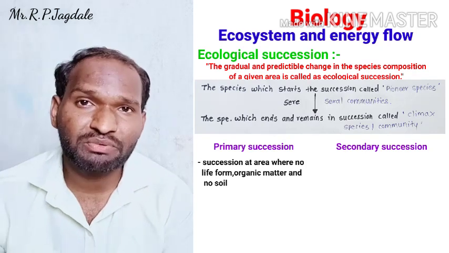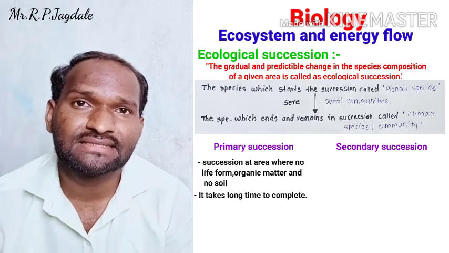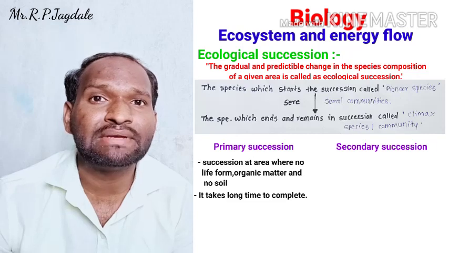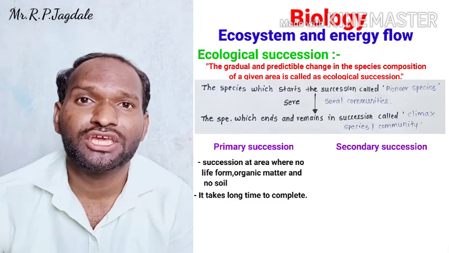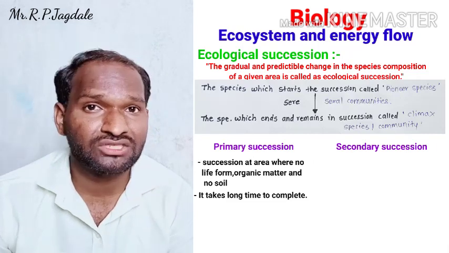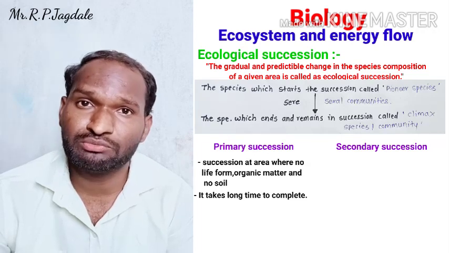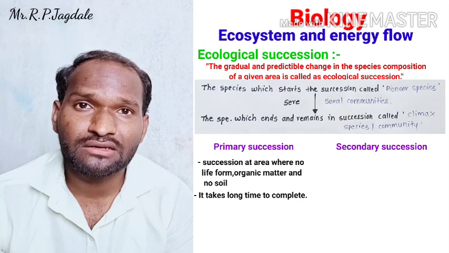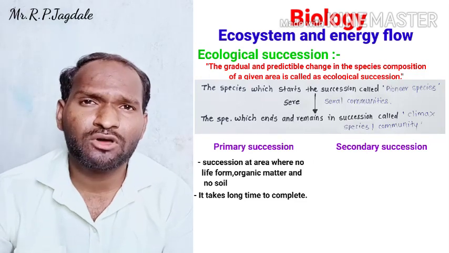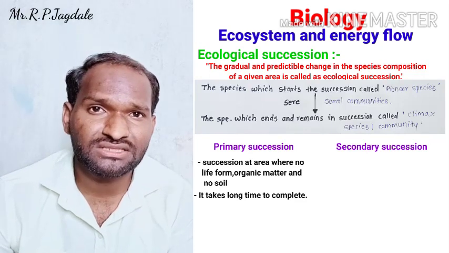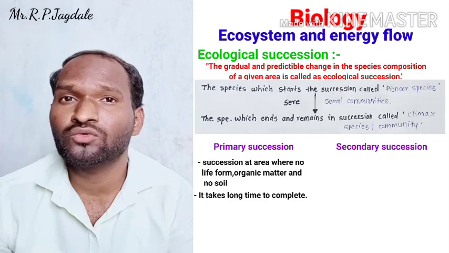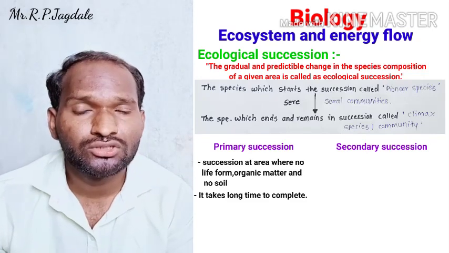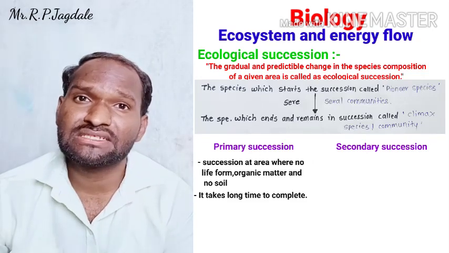Primary succession takes a longer time to complete because there is no soil, so first soil formation must take place, and you know that for soil formation, thousands of years are required. So primary succession takes a longer time.